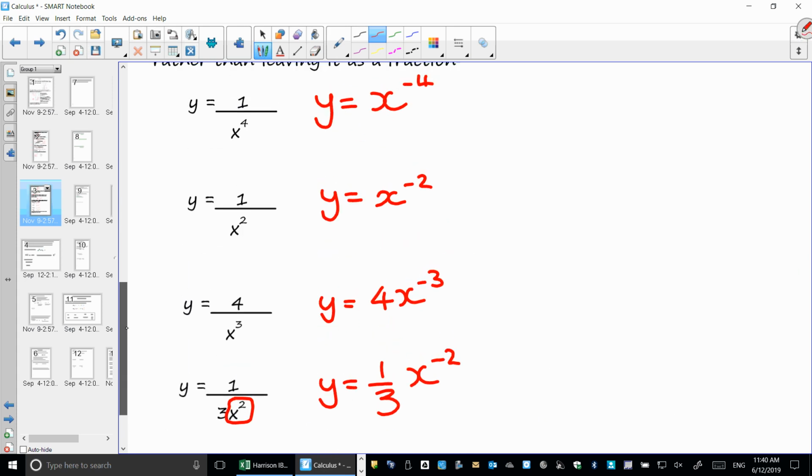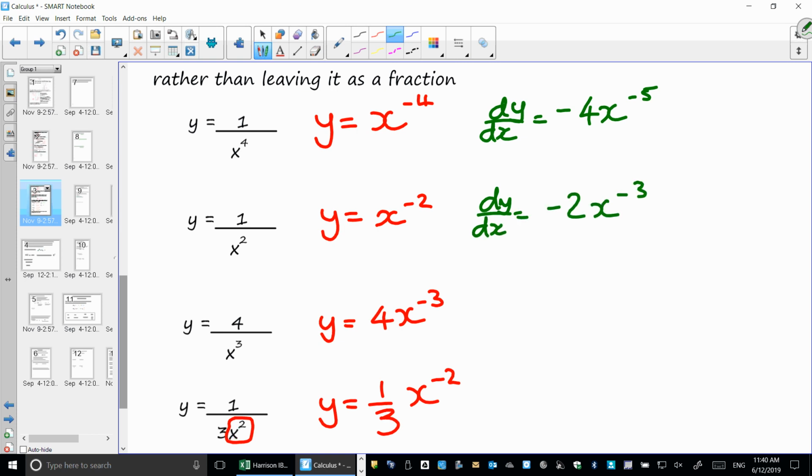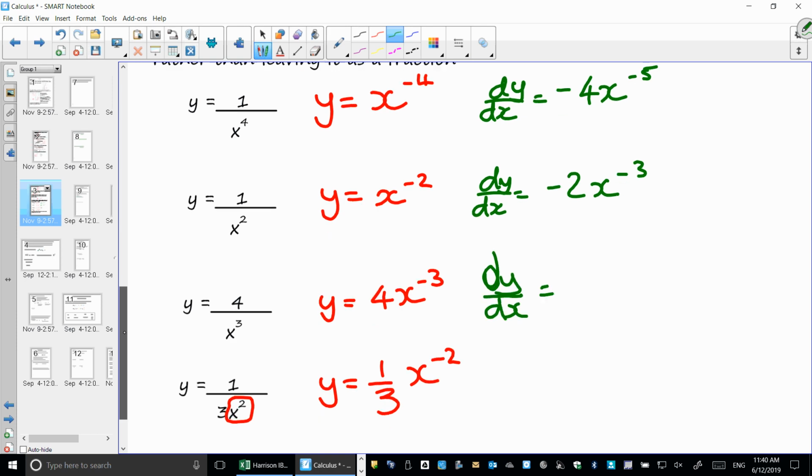Right, so I've rewritten all my expressions, now I can differentiate them. Okay, so now they're all white. Sorry, this is pretty boring. So dy dx, negative 4x to the negative 5. Dy dx equals negative 2x to the negative 3. Dy dx equals, what's this one going to be?